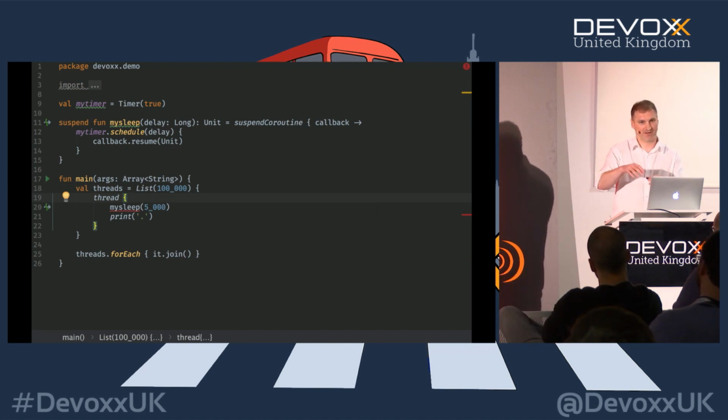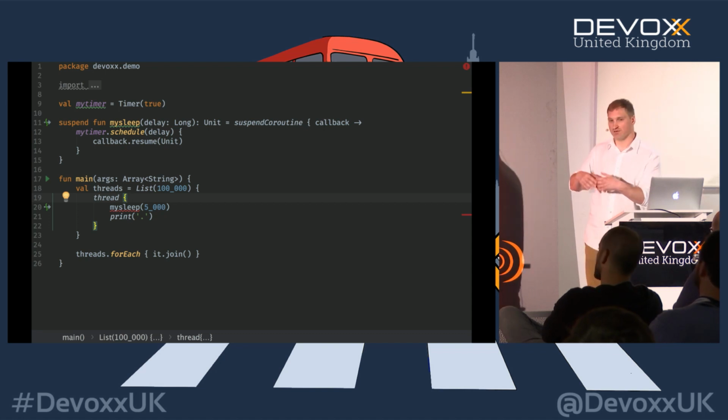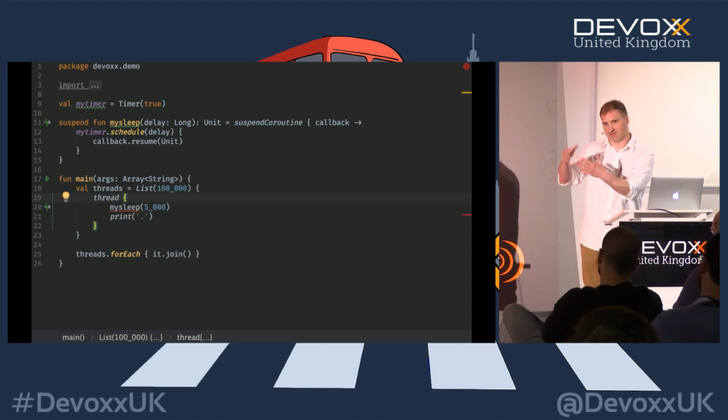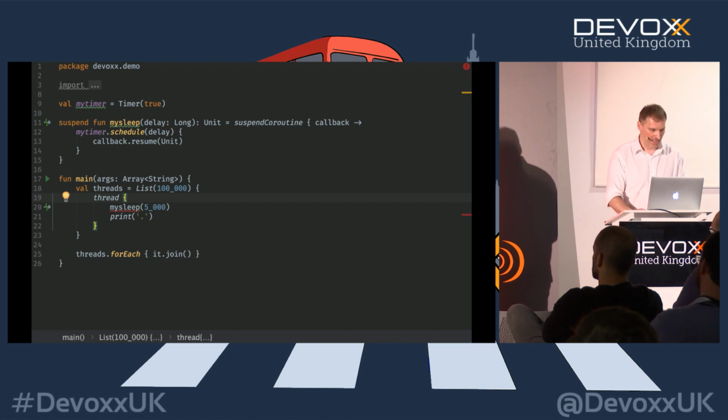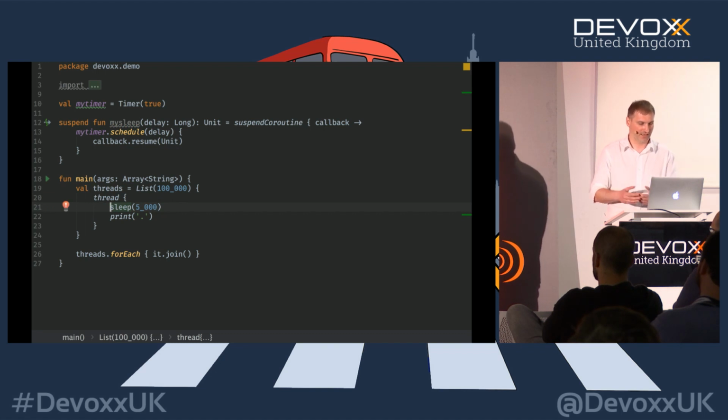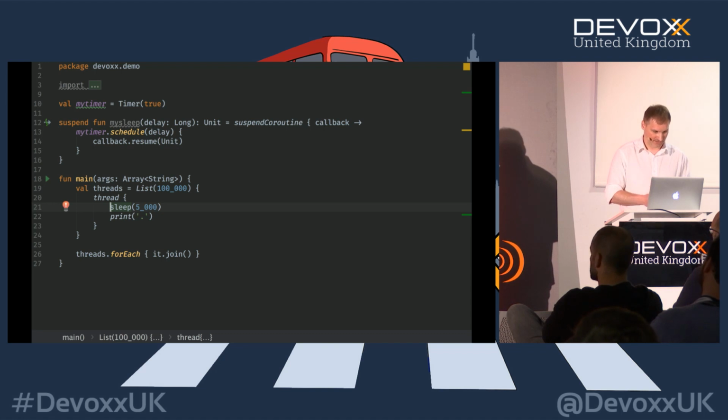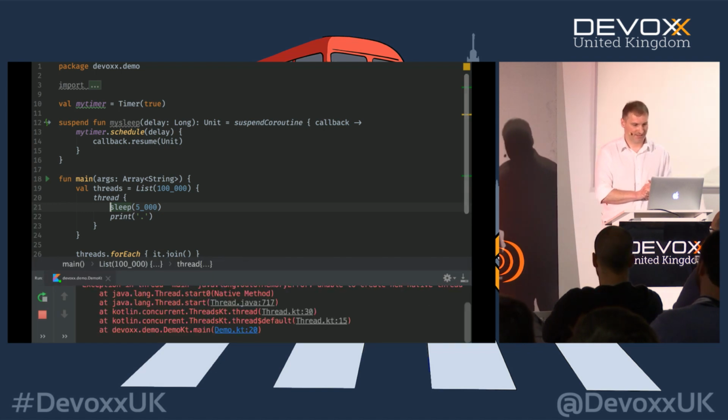It takes a lambda as a parameter, creates a thread and starts executing this lambda. And instead of my sleep, I'm going to use sleep, because this is what we can do to block a thread for 5 seconds. And that's about it. Let's try and see what happens.